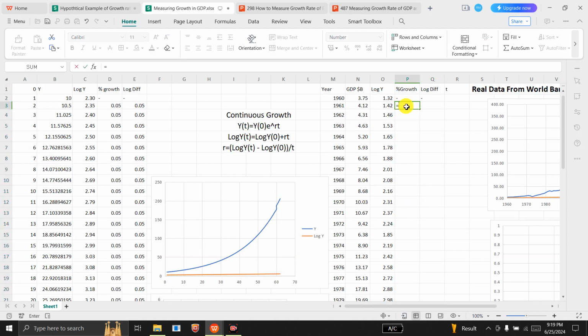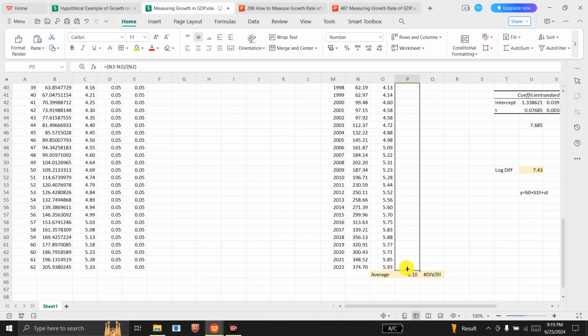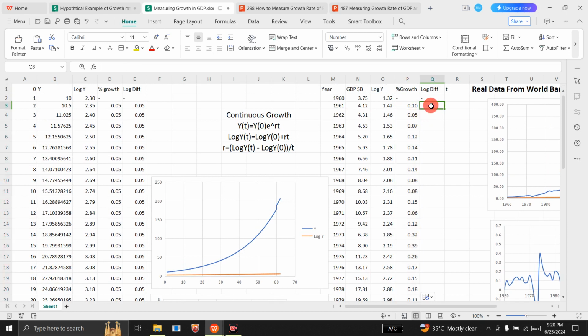So again, this is the formula. This minus this divided by this. So this is the formula for this, and if I drag this, this is also giving me growth rate by using the percent growth rate formula, and I can use the difference between the two logs.